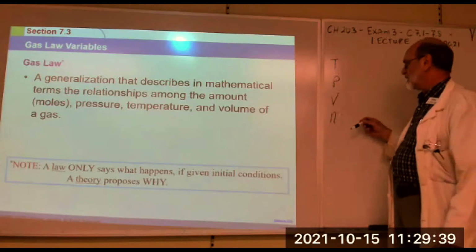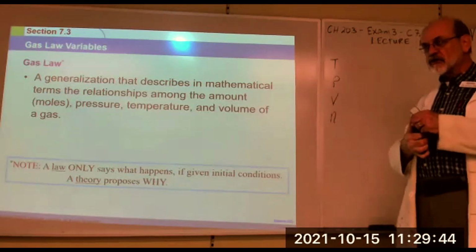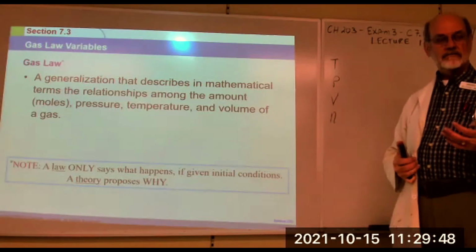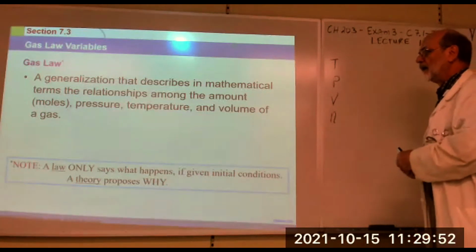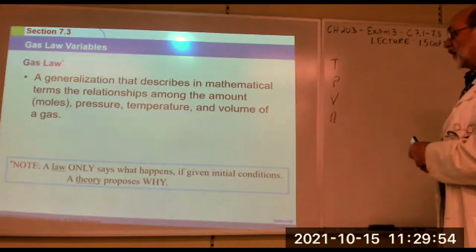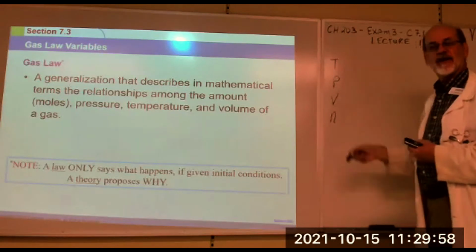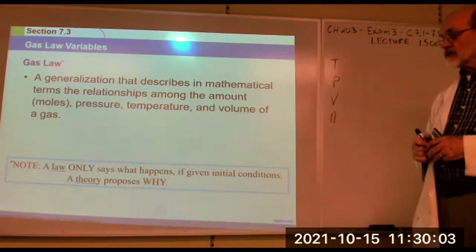So if you know these 4 factors, you can describe a gas completely in its physical characteristics. And that's what the gas laws do. They use a combination of these factors to describe how a gas behaves under certain conditions.